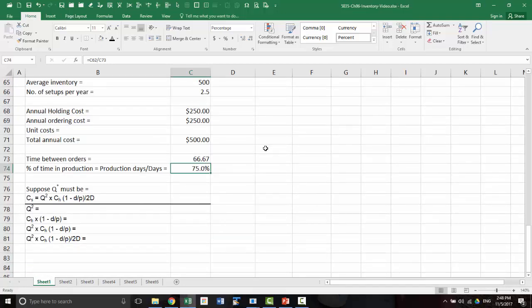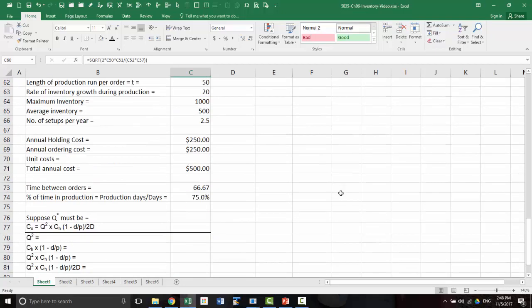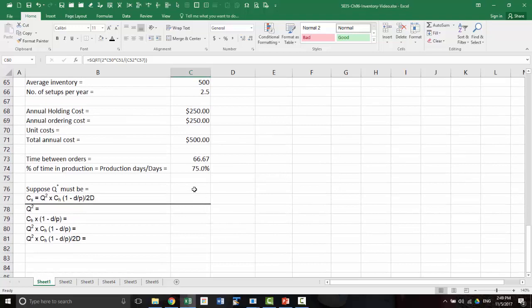Now often we want to keep the order quantity small and still be optimal. This is the guiding principle for just-in-time management, just-in-time inventory. Suppose you think that 4,000 is really large, and we need to bring it down to 2,000. So how can we do that? Suppose Q star must be 2,000.